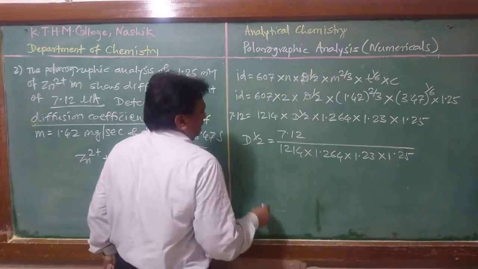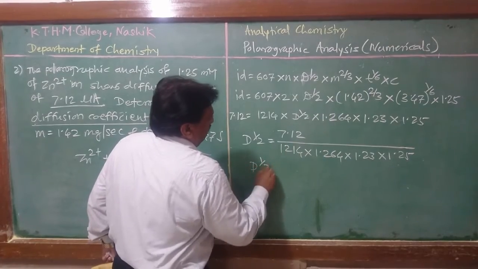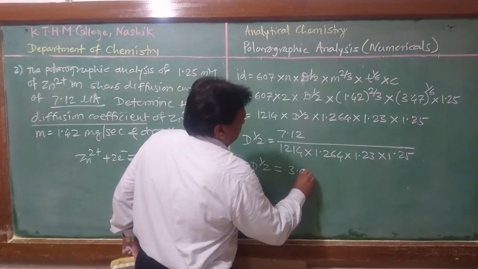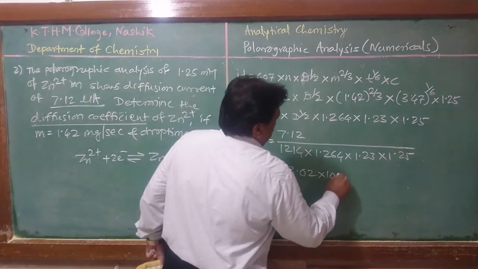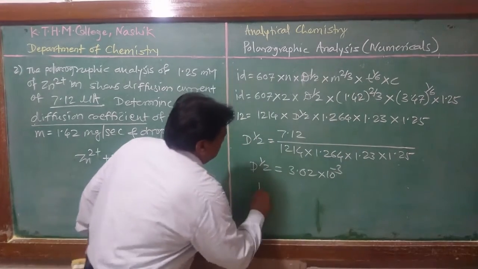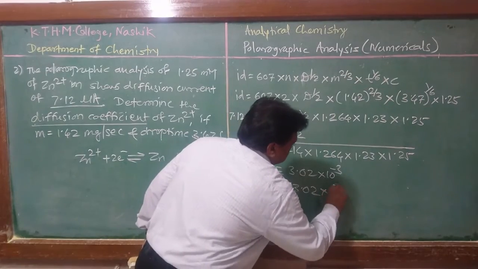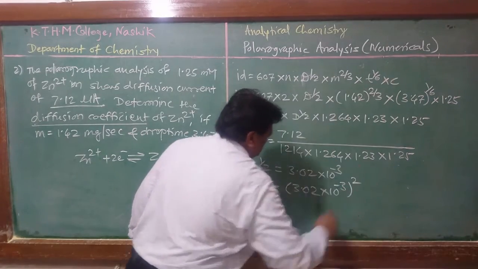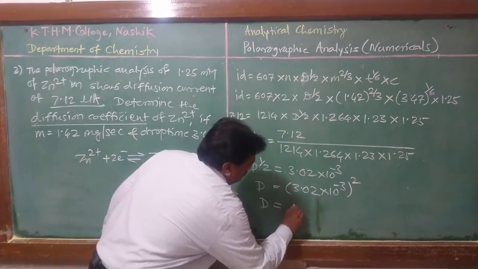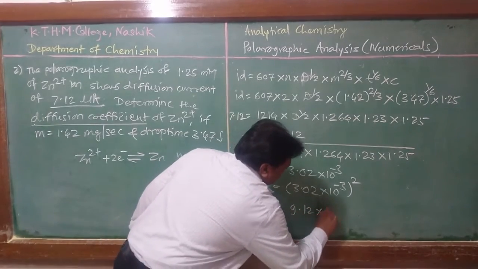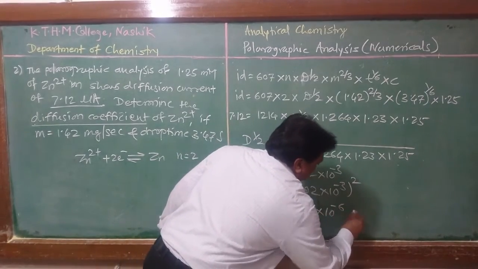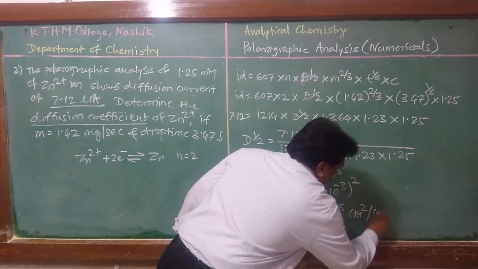When we solve all this, we have D raised to half equal to 3.02 into 10 raised to minus 3, and D is equal to 3.02 into 10 raised to minus 3 raised to 2, and D is equal to 9.12 into 10 raised to minus 6. Now the unit is square centimeter per second.